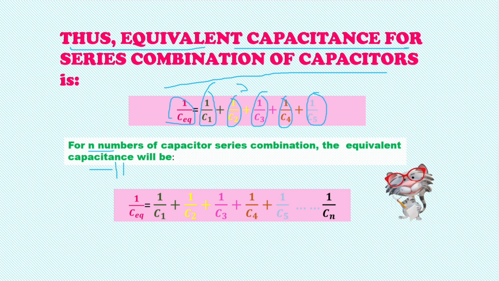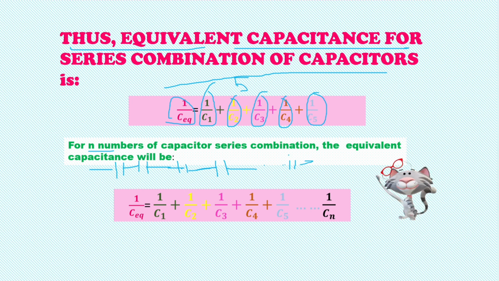If there are n capacitors connected in series, then the formula will be 1 divided by C equivalent equals 1 over C1 plus 1 over C2 plus 1 over C3 plus 1 over C4 plus 1 over C5 up to 1 over Cn.